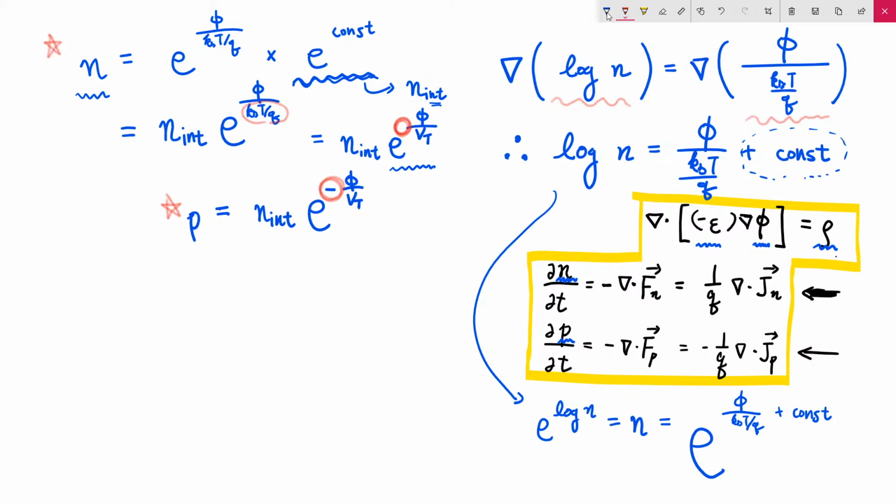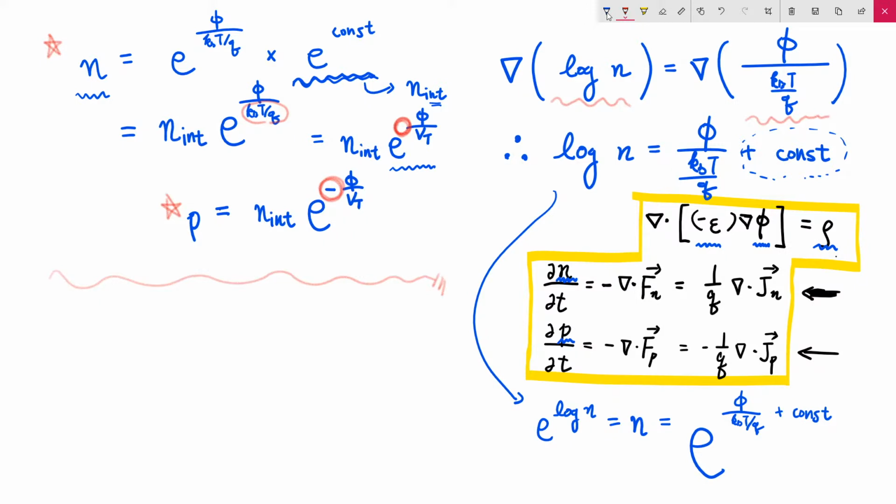So using this information is equivalent to solving the continuity equations, at least at equilibrium. Of course, for the non-equilibrium case, we cannot use this form. You remember that in order to make this form, we introduced that J sub n should vanish, or J sub p should vanish.